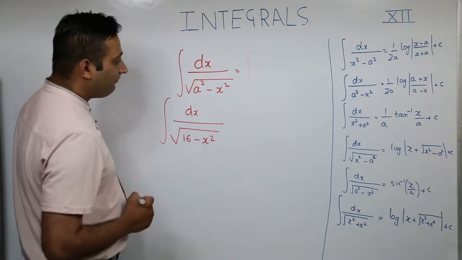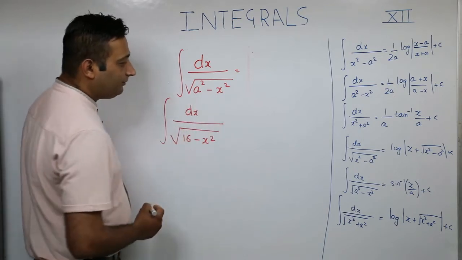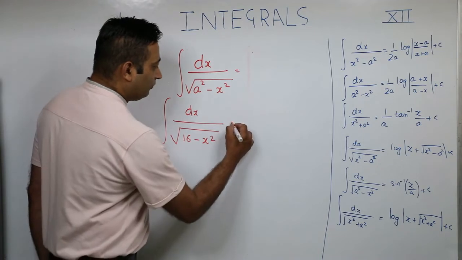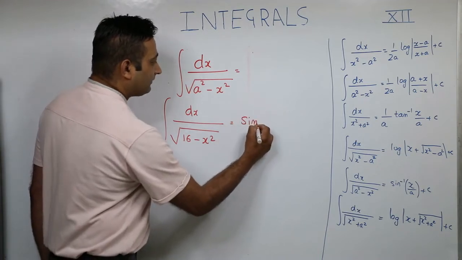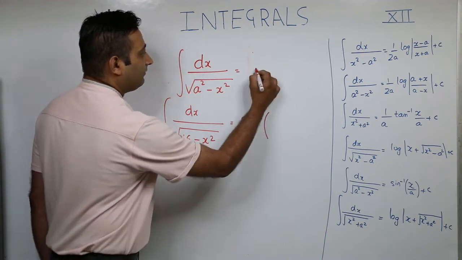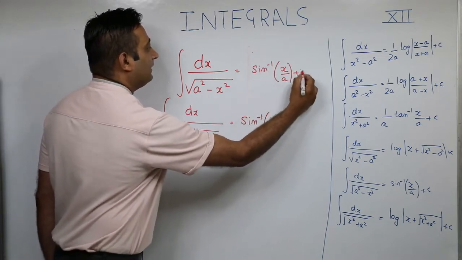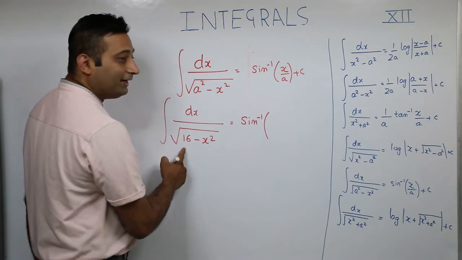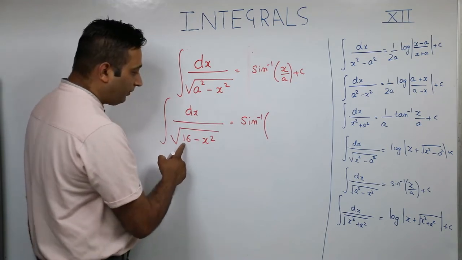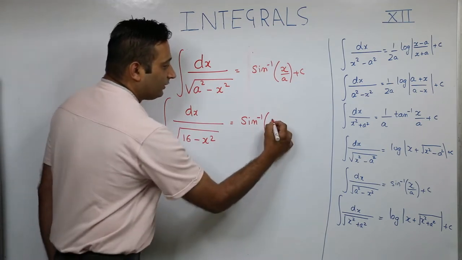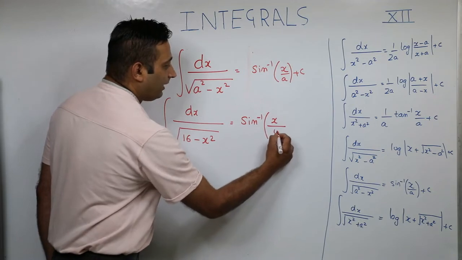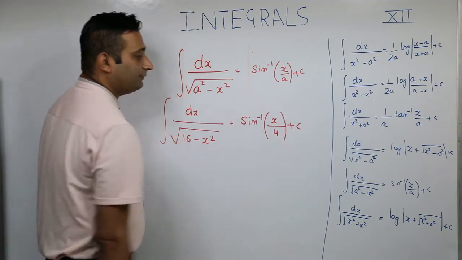Now we have the standard formula here, and that is equal to sine inverse x by a plus c. Now a can be compared here as 4, because 16 is 4 square. So the answer would be sine inverse x by 4 plus c.